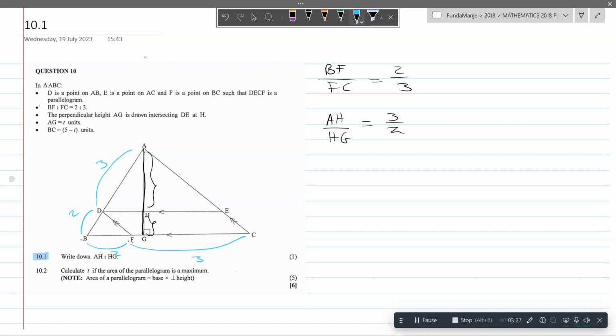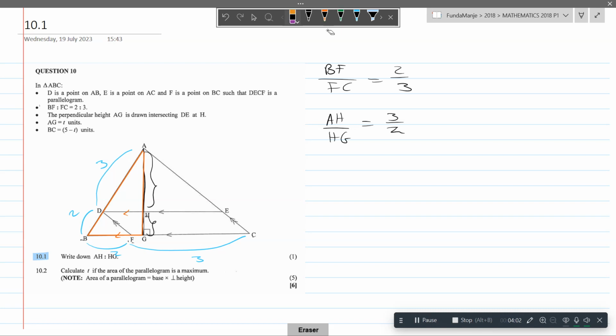But then we see that this line AB and this line AG also form part of their own triangle, which if I were to highlight that triangle, we get something like that. And from this triangle, because of the parallel lines as well, the ratio of AH to HG will just be the same as AD to DB, which will be 3 over 2.